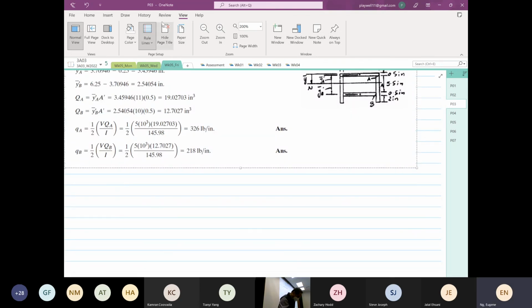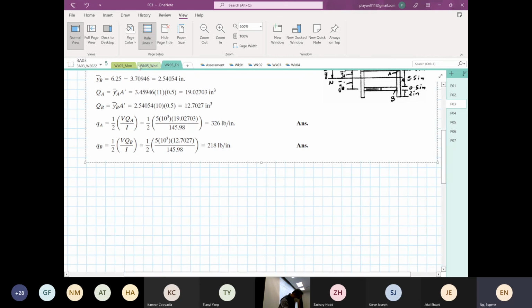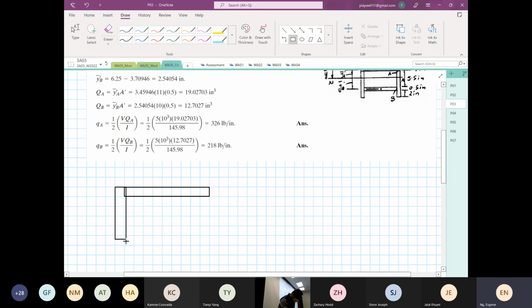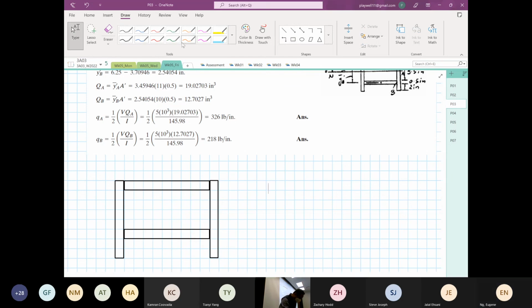So we still have this, but it is slightly different because now the centroid is over here.